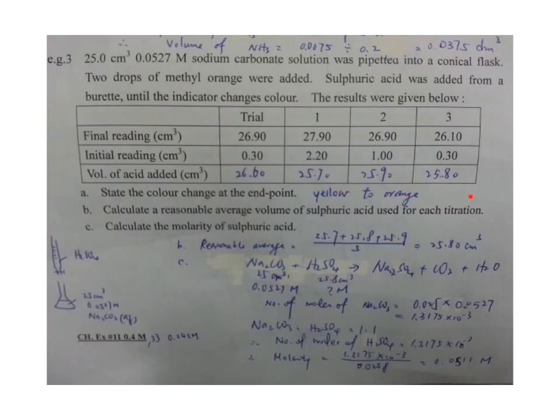Okay, the outlier. That is very obvious because in the trial, we do not know when the titration will end yet. So usually you will overshoot. That means usually you will have more than enough volume as your result.